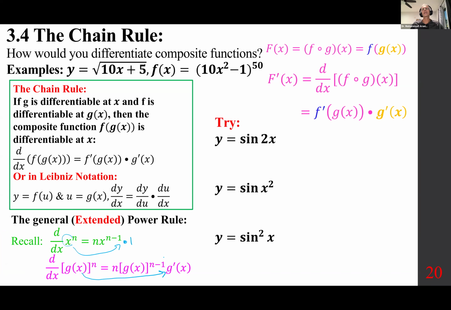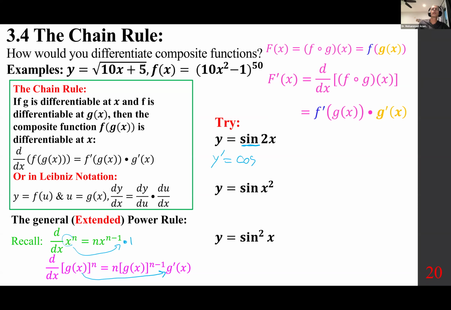Now, one set of examples that will help us with this concept involves sines. For example, sine 2x. The way I would differentiate those, I'm going to read sine and pause. As you know, the derivative of sine is cosine.